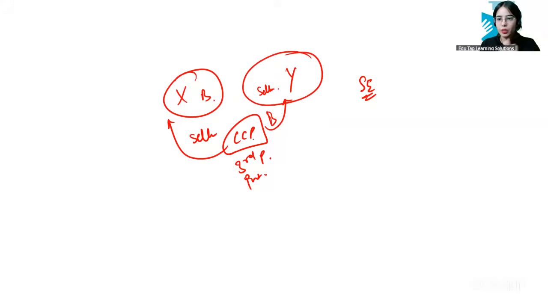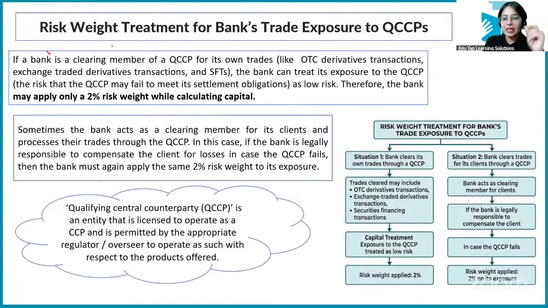So usually the central counterparty has the responsibility to complete the trade so that the trade completes between the two entities. Okay. So if a bank is a clearing member of a qualified central counterparty, a qualifying central counterparty is an entity that is licensed to operate as a central counterparty, an intermediary between the two people that are trading, and is permitted by the appropriate regulator or overseer to operate as such with respect to the products offered.